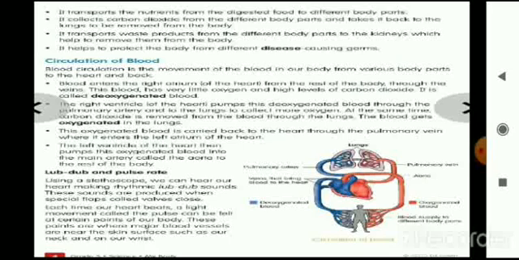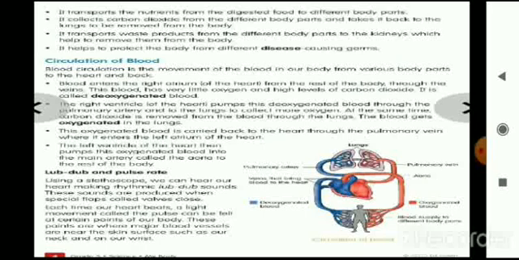Now, moving towards the circulation of blood. Okay? In our heart, blood enters from the right atrium. This blood is carried by the veins, which, as we already know, contain little oxygen and high levels of waste items like carbon dioxide.